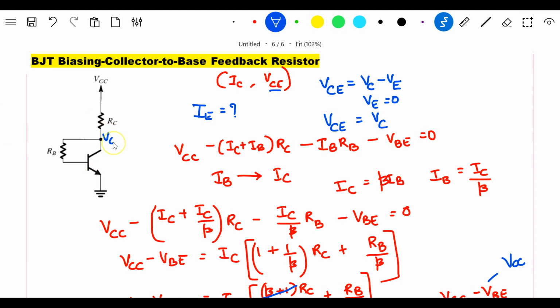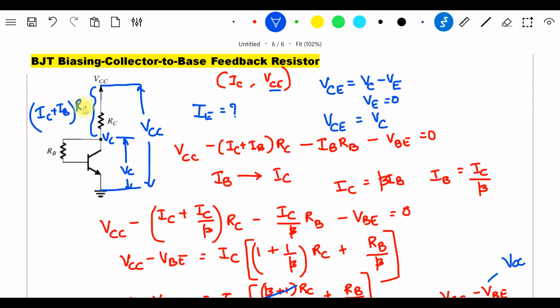What I can write here is that the voltage from here to ground is your VCC, and the voltage from here to ground is your VC. The remaining voltage would be, we know the current is IC plus IB, multiplied by RC, the voltage across this.